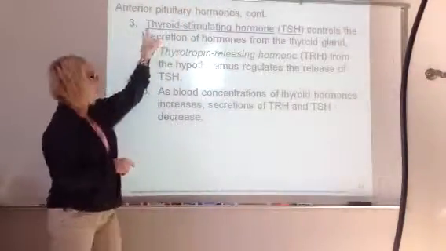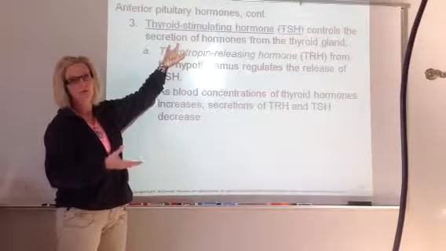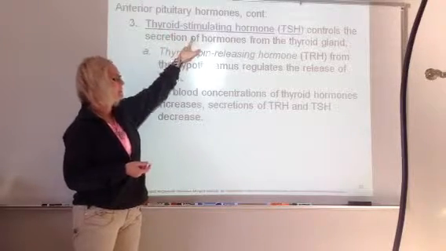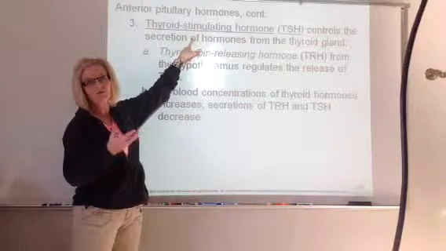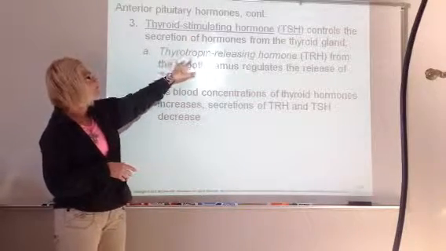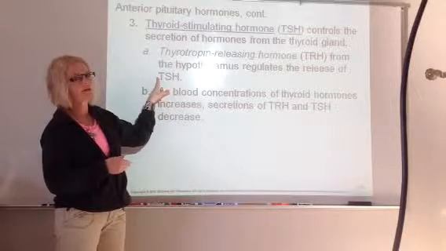TSH, thyroid stimulating hormone, controls the hormones that are released from your thyroid. So thyroid stimulating, it's going to affect your thyroid and what it produces. Thyrotropin releasing hormone regulates the release of TSH.